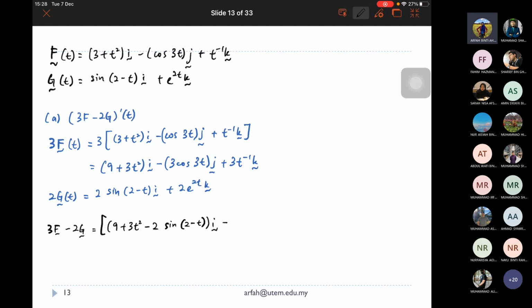Tolak 3 cos 3t j. Okay, and then tambah 3t minus 1 tolak 2 eksponensial 2t k. So, ini adalah 3f tolak 2g. Then, bezakan or find the derivative. Prime.